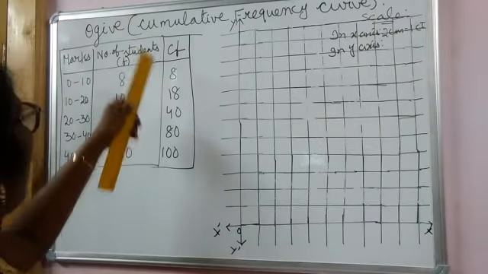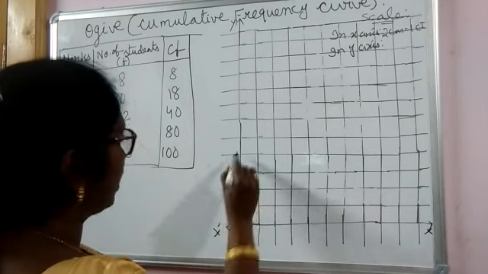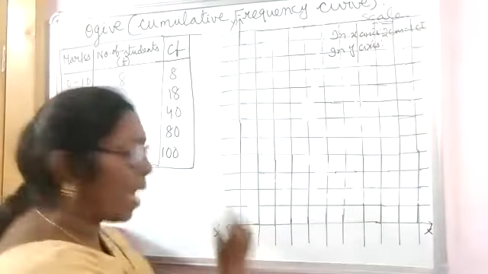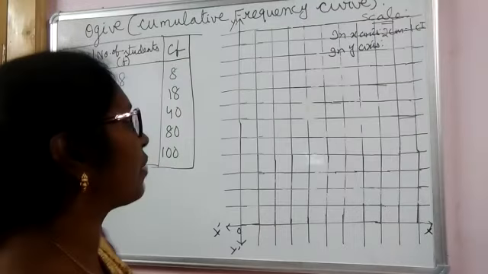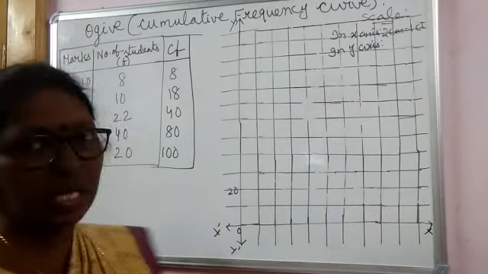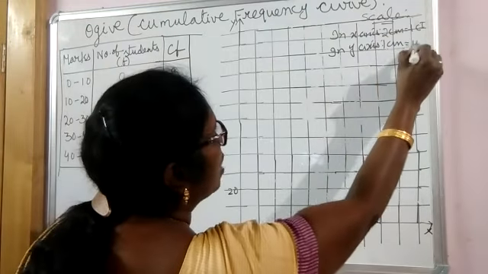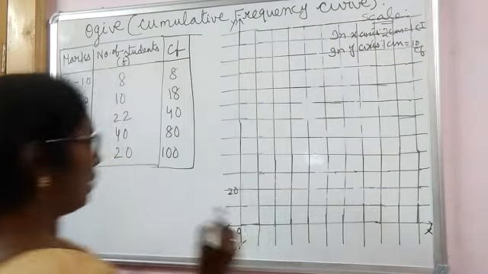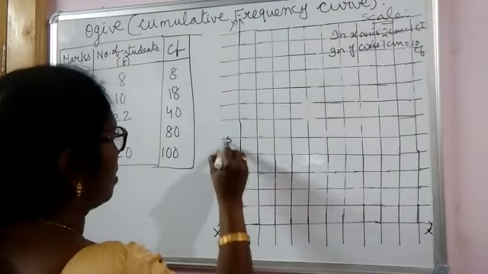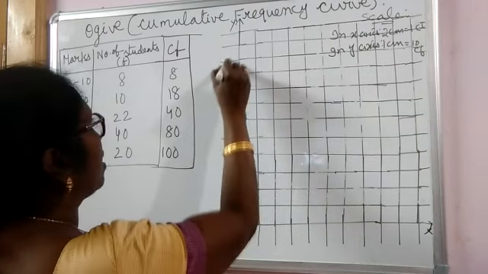Let us see the y-axis. 100 cumulative frequency is there: 10, 20, 30, 40, 50, 60, 70, 80, 90, 100. We can take 1 cm is 10 cumulative frequency or 2 cm equal to 20 cumulative frequency, both are the same. In y-axis, 1 cm equal to 10 cumulative frequency. So this is 10, 20, 30, 40, 50, 60, 70, 80, 90, 100.